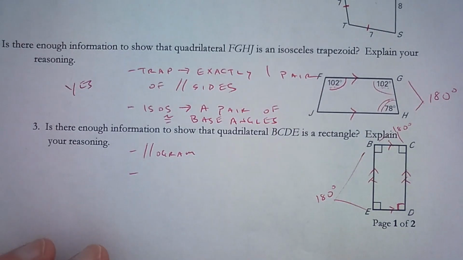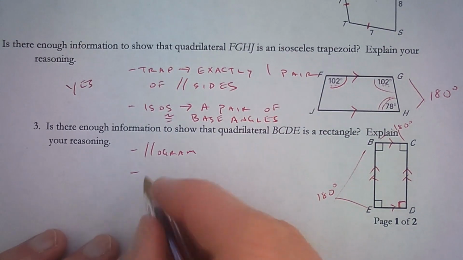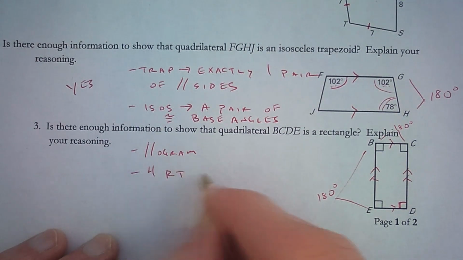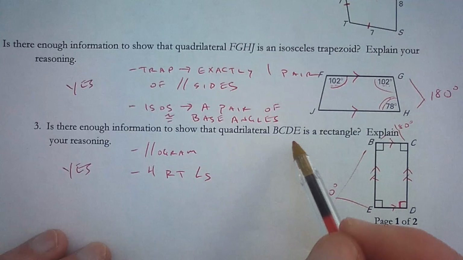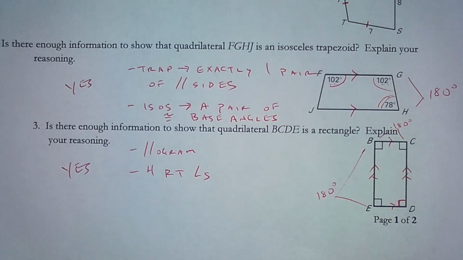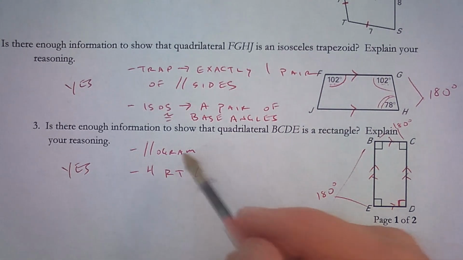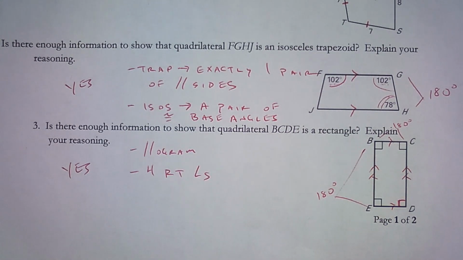So it is a parallelogram, and it has 4 right angles. Yes, there is enough to say it is a rectangle because a parallelogram with 4 right angles is a rectangle. Now, a parallelogram with 4 right angles could also be a square, but a square is a type of rectangle.